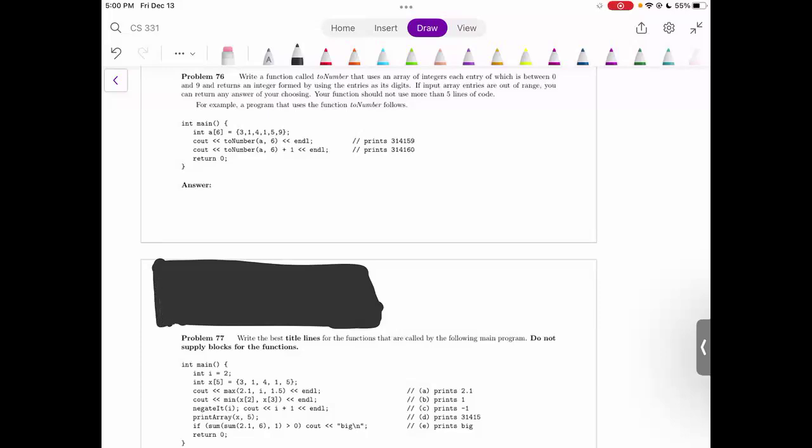So here's an example. 3.14159 just stays the same. And then toNumber, if we add 1, then it's 314160. See, we really just add a 1. Okay, so let's do it together then.